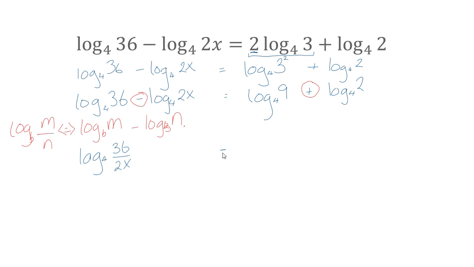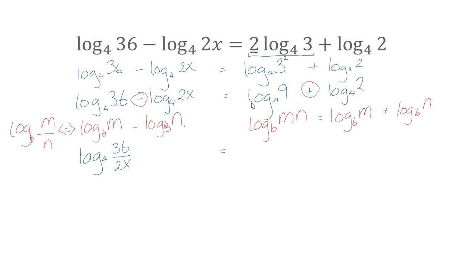And on this side, we have an addition. This is the product rule, and this tells us that when we have the log of 2 numbers multiplied by each other to a base, we can write that as the log of the first number to a base plus the log of the second number to the same base.